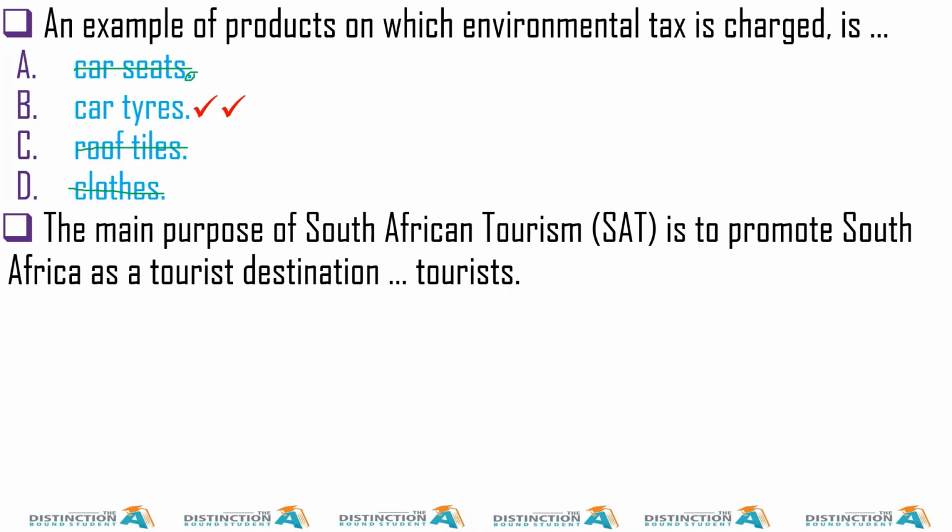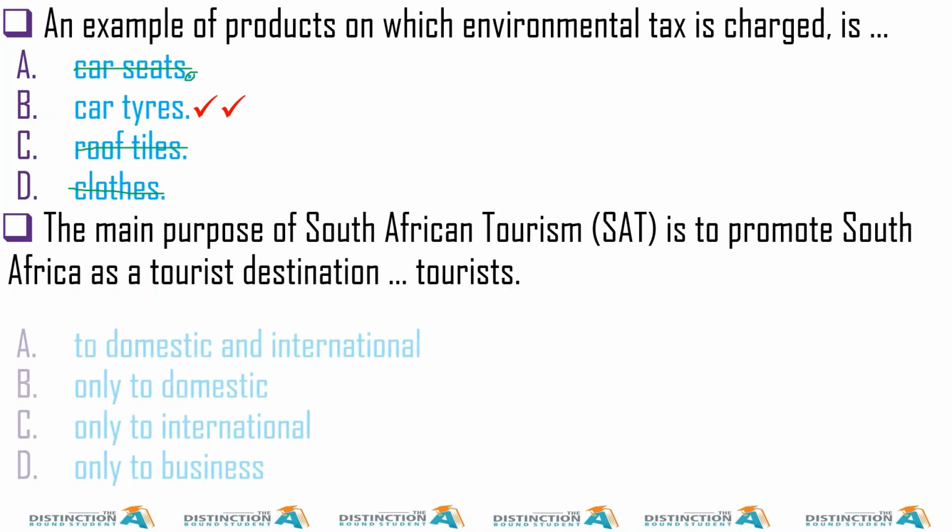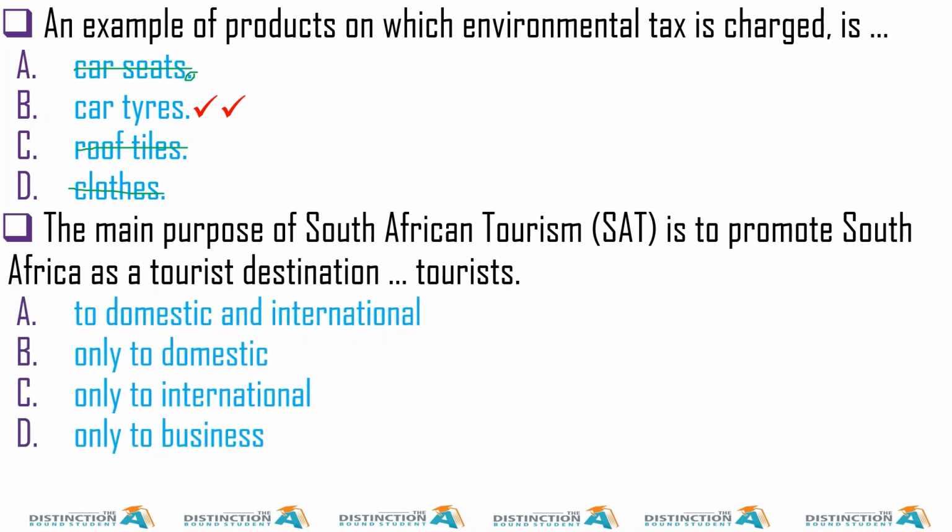The main purpose of SAT, South African Tourism, is to promote South Africa as a tourist destination to who? Okay, to everyone. So that will be to both domestic and international, because they are not there to just promote South Africa domestically, because you find them in other countries.